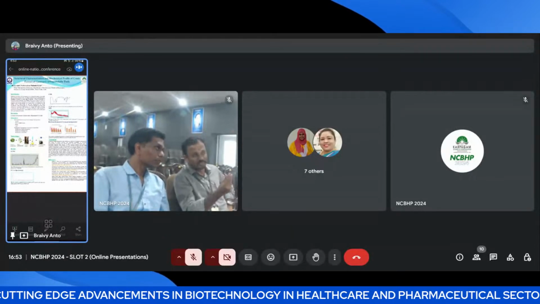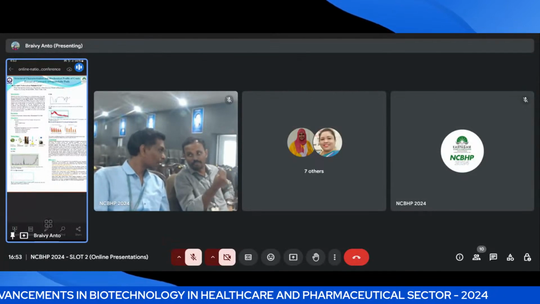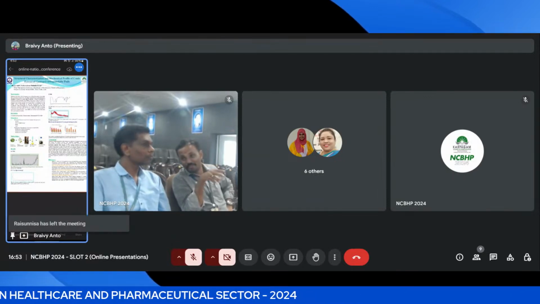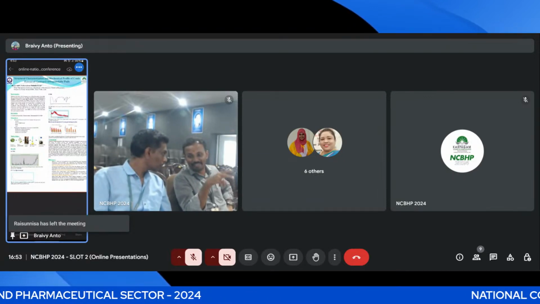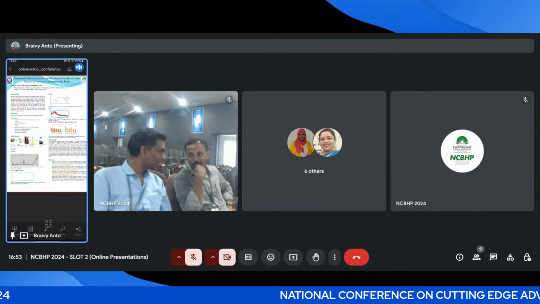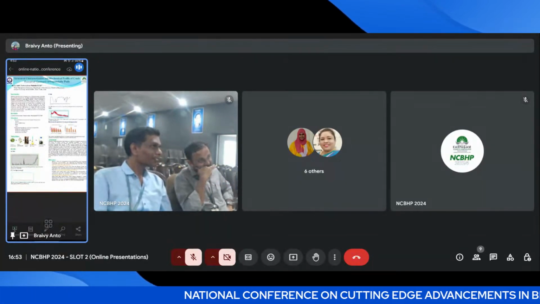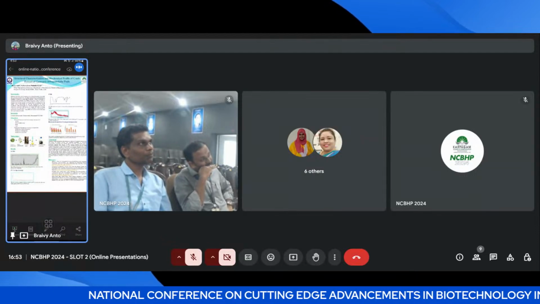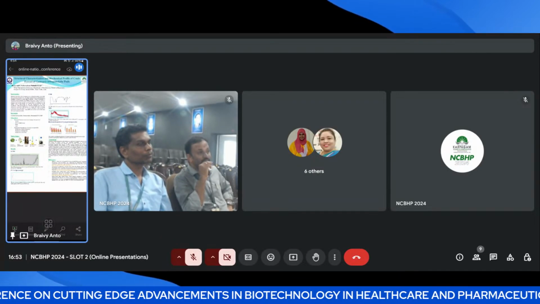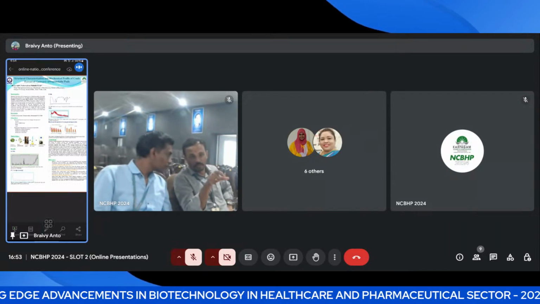In the FTIR, functional groups such as alkane and alkene are present. In the XRD, 9 peaks revealed the crystalline structure of my sample. From this, while concluding this study, it reveals that my sample has biochemical activity.